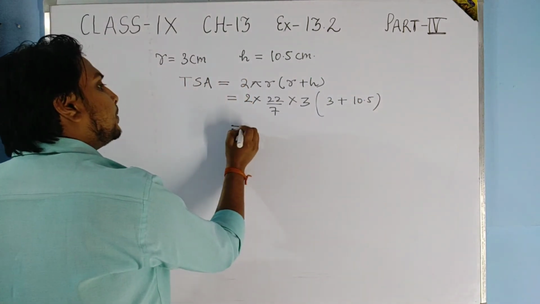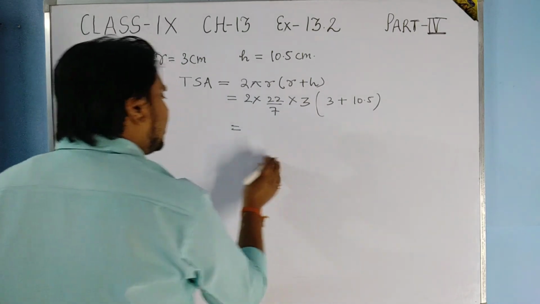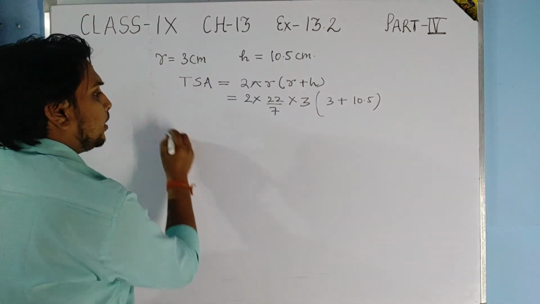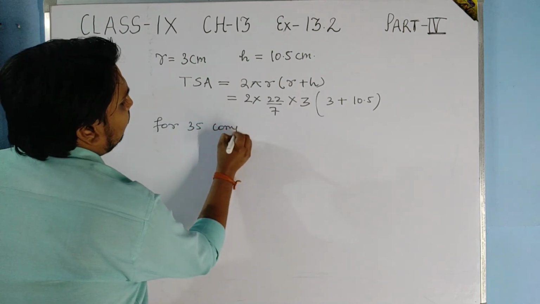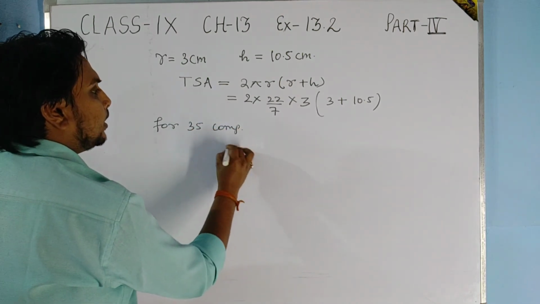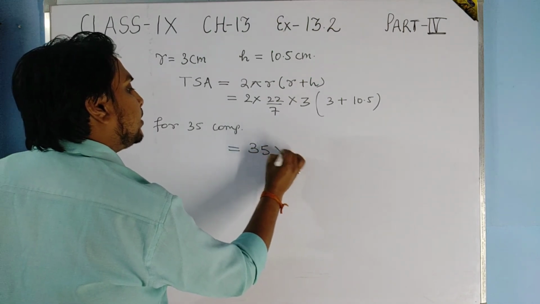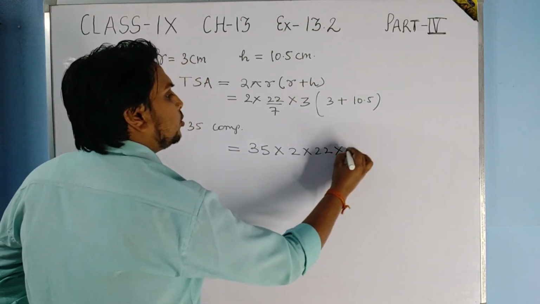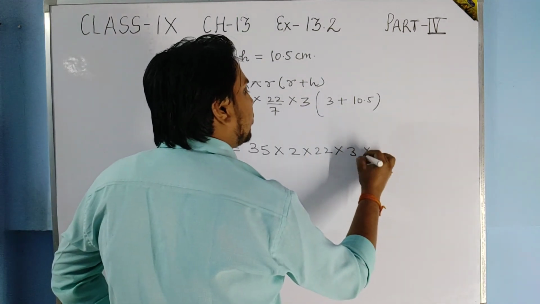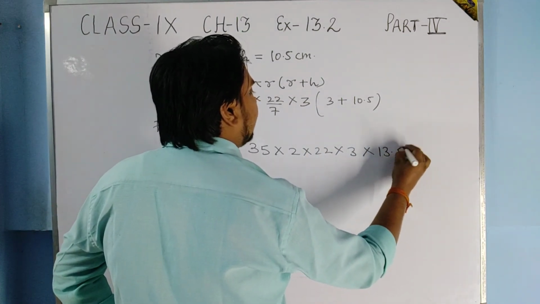So after solving it, students, you will find it for 35 competitors. Okay, for 35 competitors it will be multiplied by 35. 35 into 2 into 22 by 7, into 13.5, that is 3 plus 10.5.